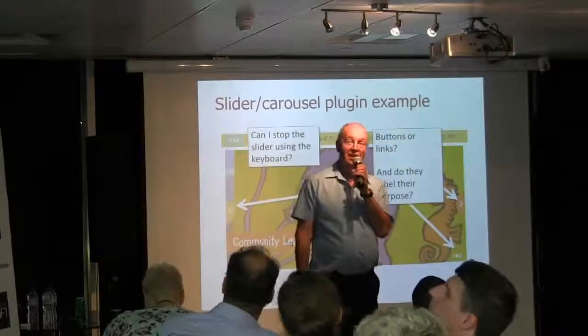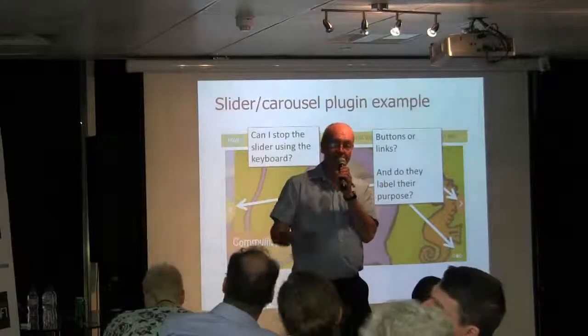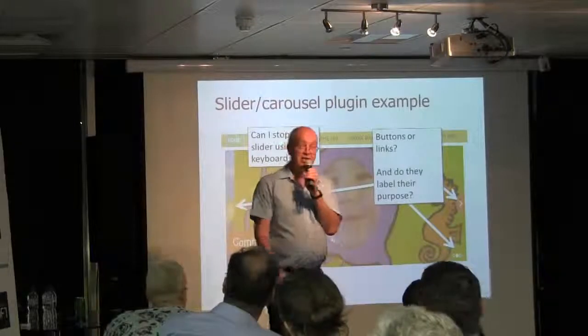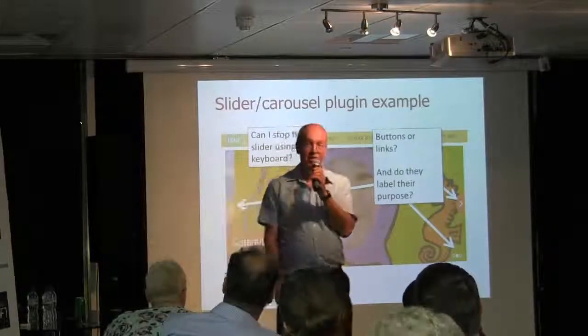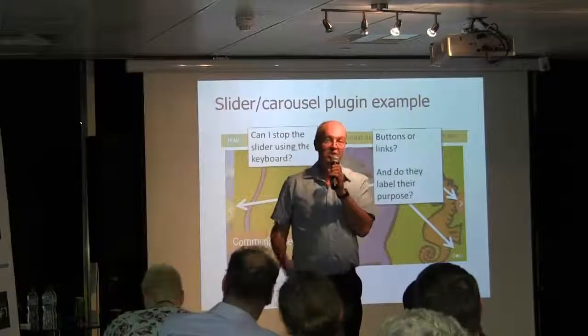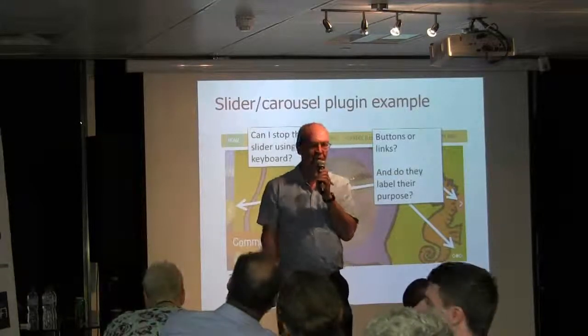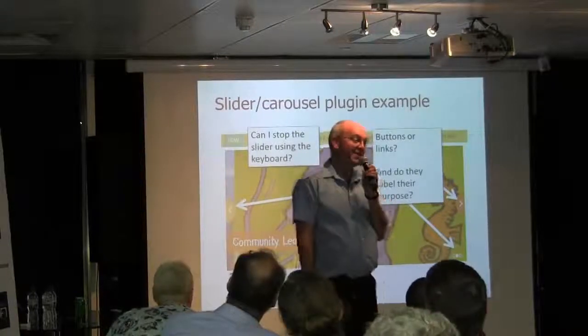The other things are the controls for next and previous and the navigation buttons in the bottom right-hand corner. Are they buttons or links? There is a semantic difference between the two, but whatever they are, do they label their purpose? This particular slider, I forget which one it is now, actually doesn't by default.